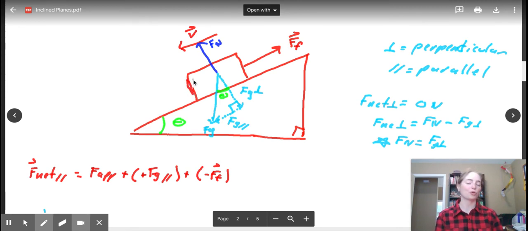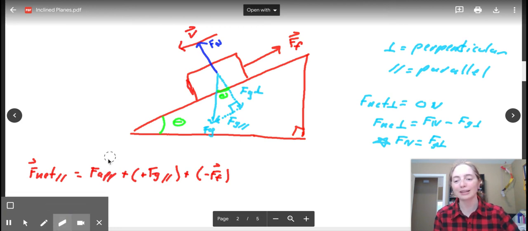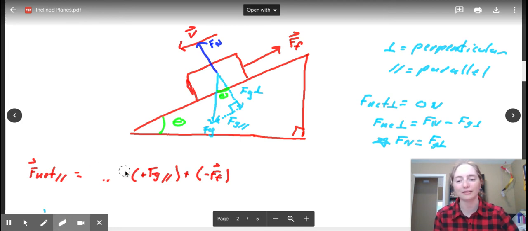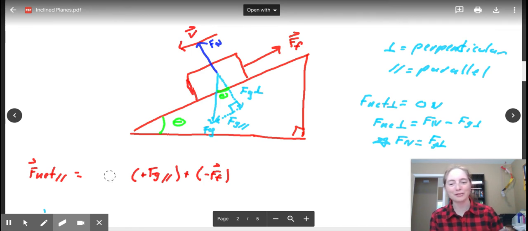And that means you're only going to be having force of friction and FG parallel acting on that object. So in that case, I am not going to have my force applied. I will just have my FG parallel and my force of friction. All right, so that would be what your F net would look like.